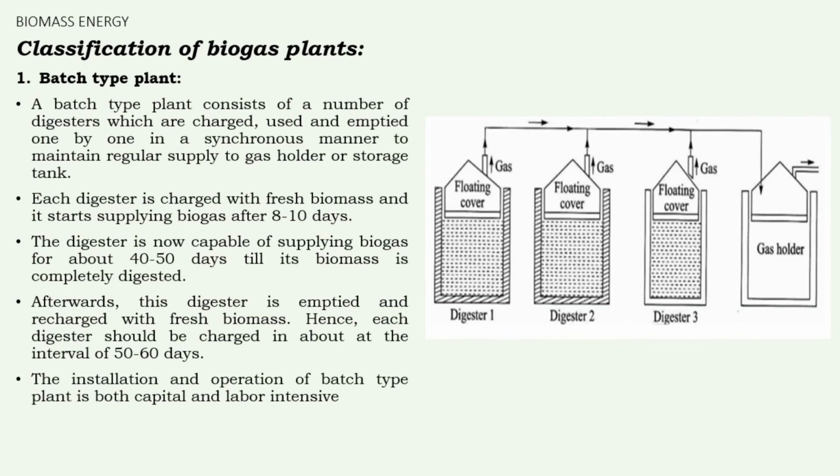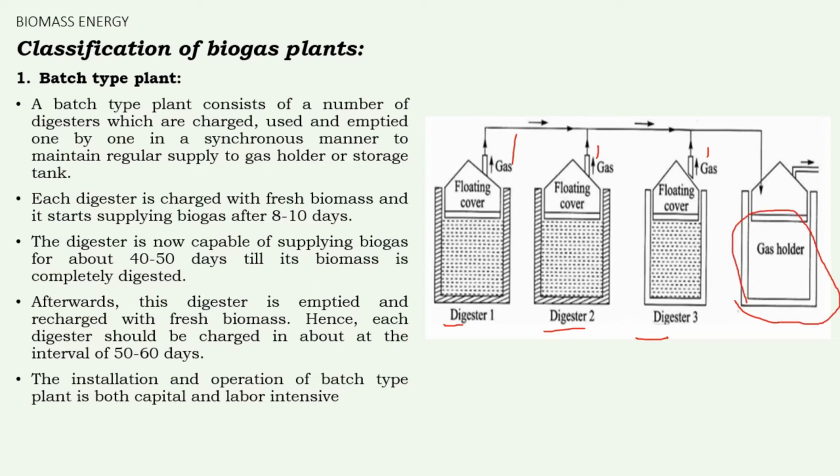In batch type of biogas plant, we have more than one digesters, whose floating tanks are connected, as you can see from the sketch. So these are the digesters, and they are connected, and the biogas is stored in a common tank for use.